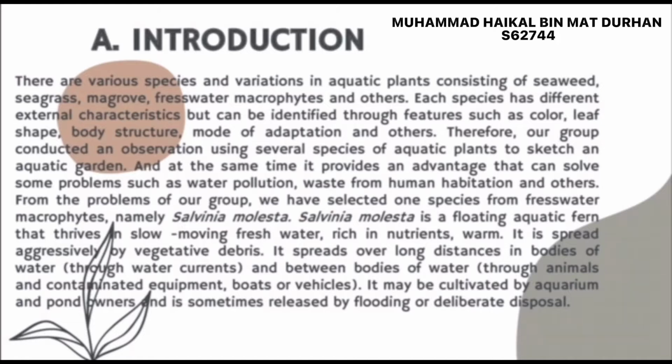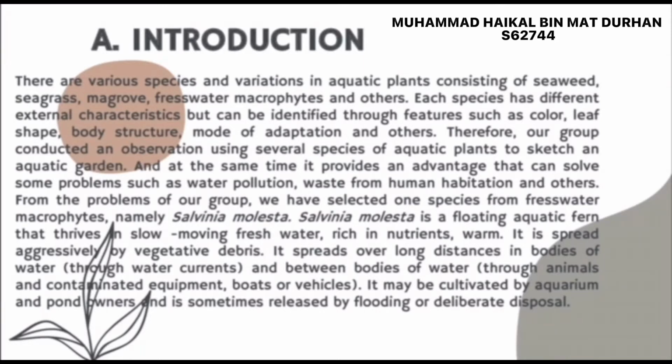For the introduction, there are various species and variations in aquatic plants, consisting of seaweed, seagrass, mangrove, freshwater macrophytes and others. Each species has different internal characteristics but can be identified through features such as color, leaf shape, body structure, mode of adaptation and others.